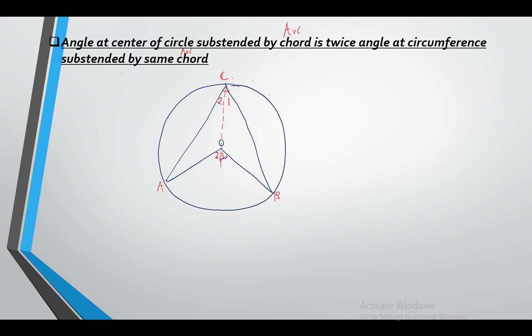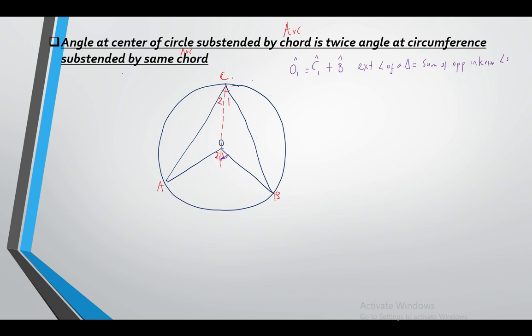You have to see that the angle O1 is equal to the angle C1 plus the angle B. We say the exterior angle of a triangle is equal to the sum of the opposite interior angles.